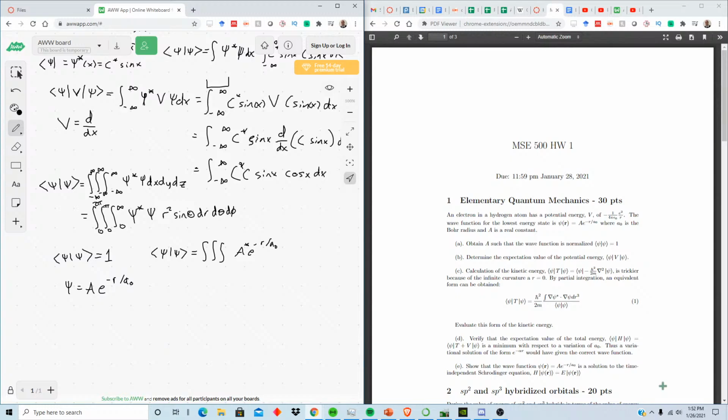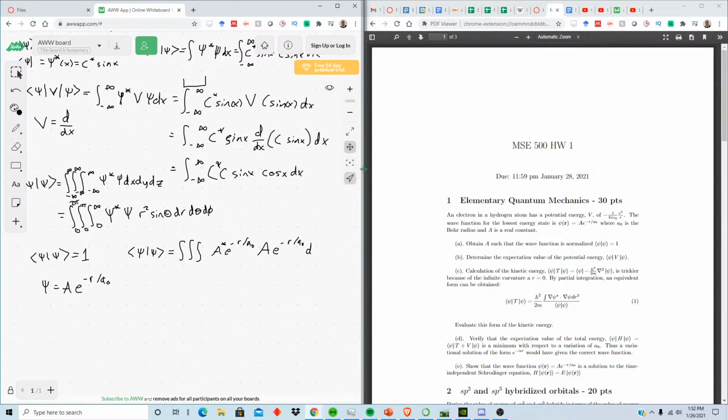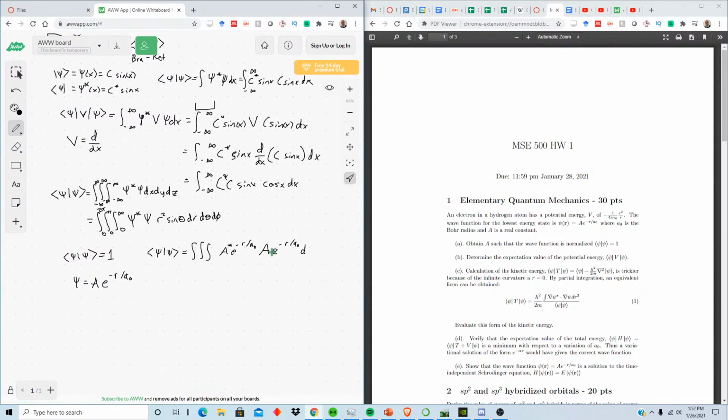Remember, it'd be the complex conjugate times a times this. And you'd end up doing r squared sine theta dr d theta d phi.